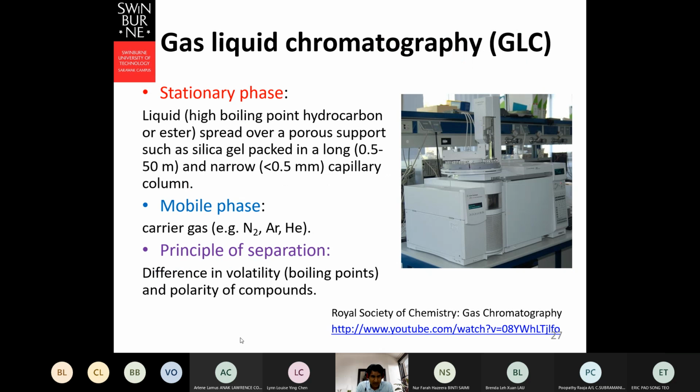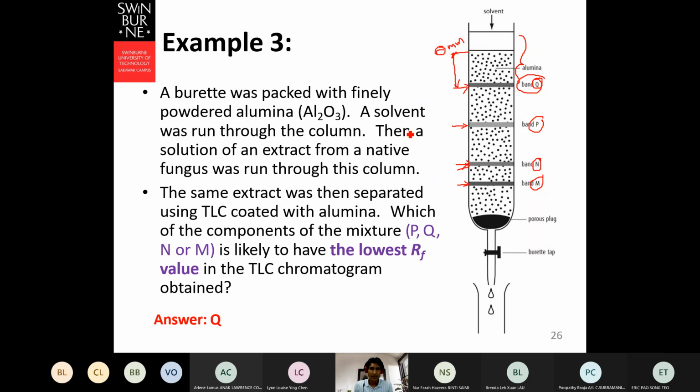Now, another, just the same technique. Imagine if we have this column chromatography, a glass column, and we elongate this glass column, make it a very long glass, like 10 meters long.